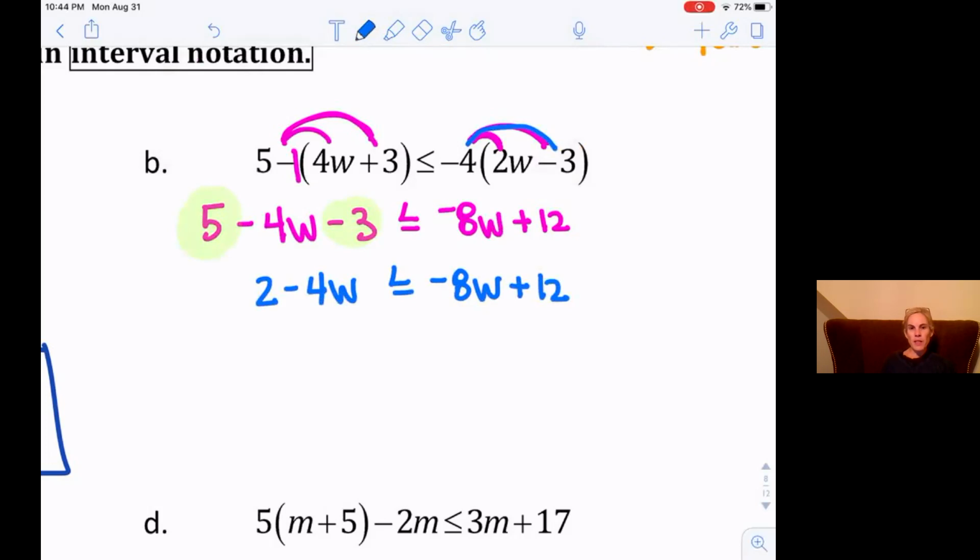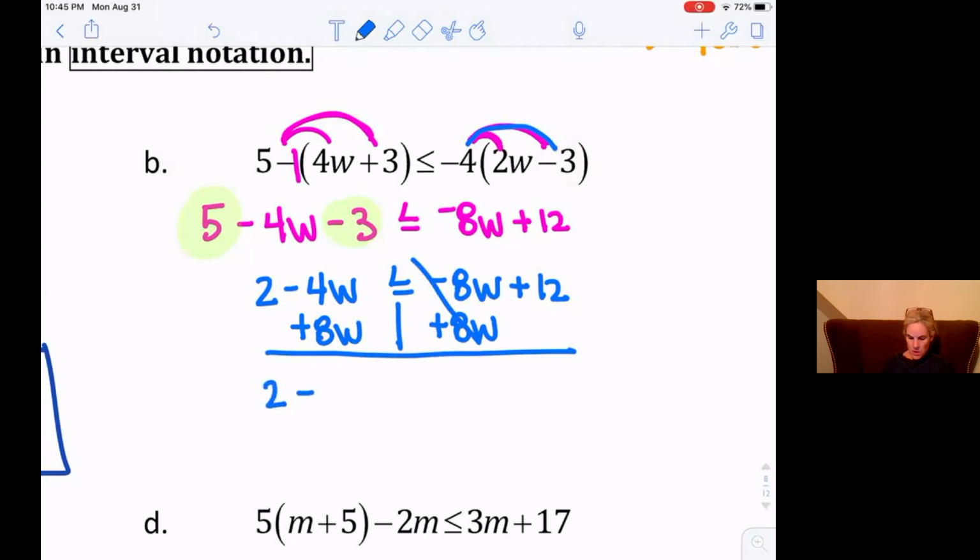All right, from here, I'm going to use inverse operations to isolate w. Before I start messing with the constants, I'm going to bring all the w's to one side of the inequality. So start by adding 8w to both sides. And then you will get 2 plus 4w is less than or equal to 12.